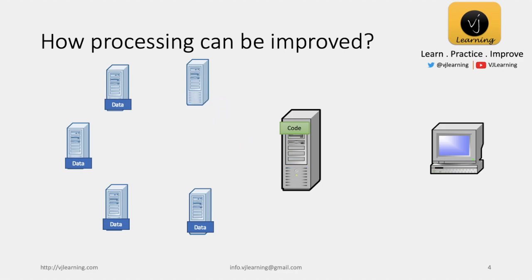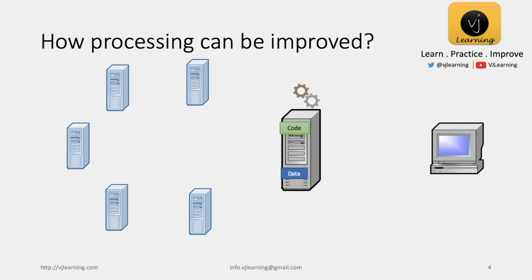All these machines in the cluster which have collected data will start sending this data to the server machine. As soon as the server machine collects all this data, it applies the logic, which is the code within the machine, on this data, and starts processing the request and responds back to the consumer.